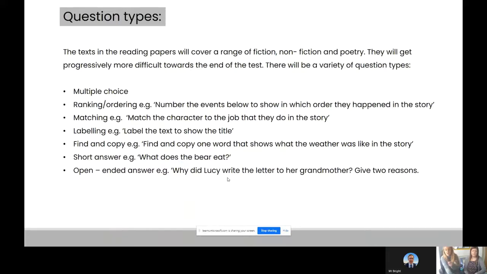They'll have to hunt through what they've just read and copy the word they are looking for. It might just be a short answer, and some are slightly more open-ended, where they have to give reasons. For example, this one says give 2 reasons. So we're teaching the children to read the questions really carefully so they know exactly what they are looking for in the text, and they'll refer back to the text as they go.